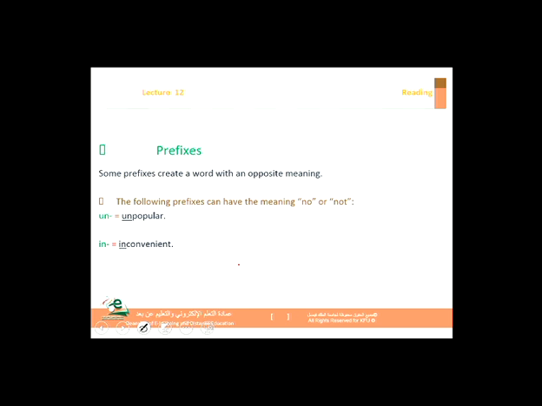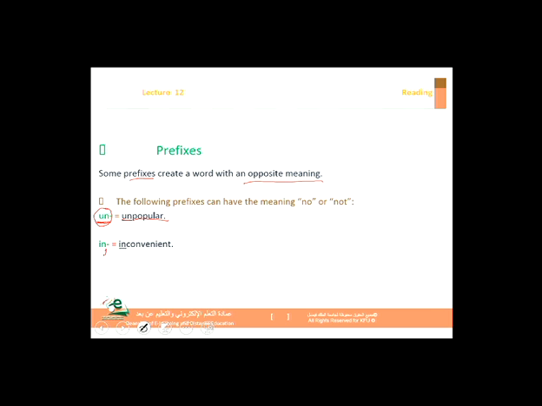Some prefixes create a word with an opposite meaning, just like we've seen together. So un, like unusual, or unpopular. The word popular, if you want to give the opposite meaning, just add un at the very beginning. This is a prefix, and it means the opposite.